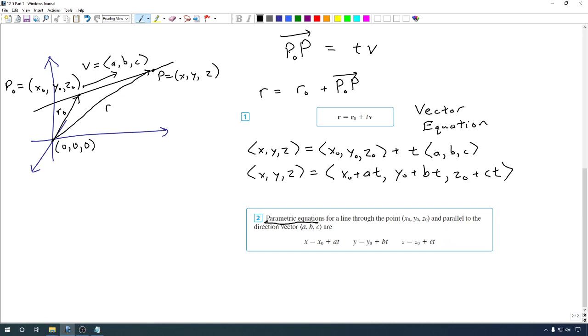If you remember from Calc 2, you might have talked about parametric equations in two-dimensional space, where we describe a curve by giving functions for x and y in terms of some parameter t. Well, usually t, sometimes theta, sometimes whatever else you want. Here we're using the parameter t.